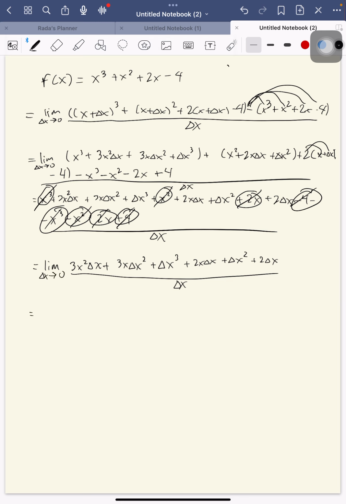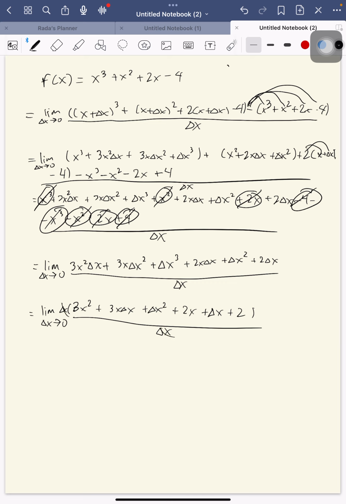Now factor out delta x, so it will become the limit of delta x times 3x squared plus 3x delta x plus delta x squared plus 2x plus delta x plus 2, over delta x as delta x approaches 0.